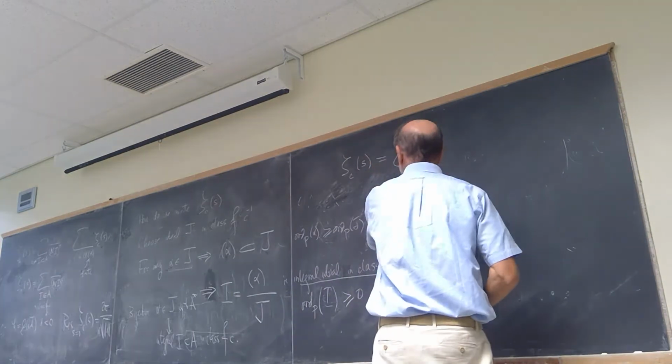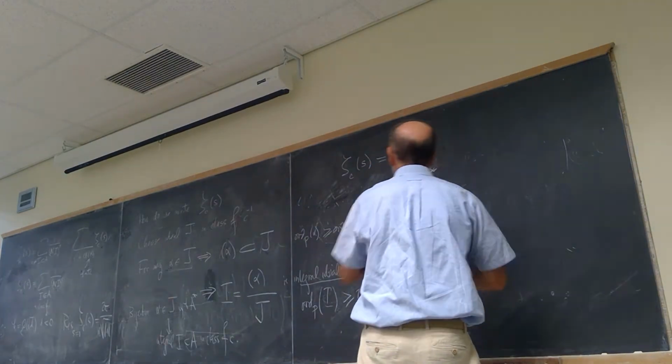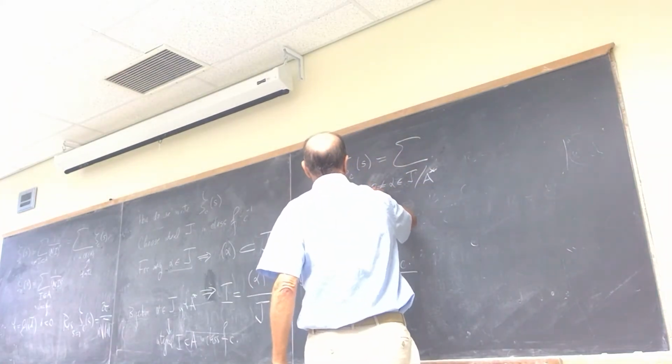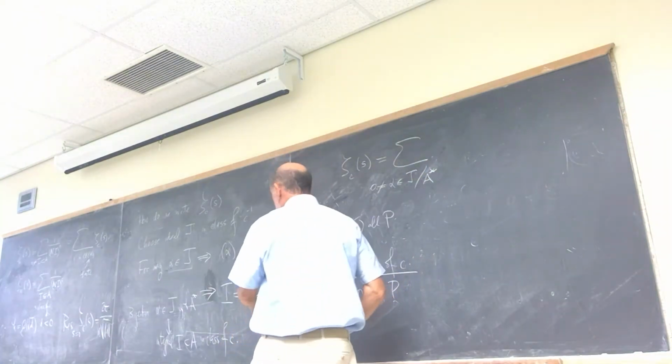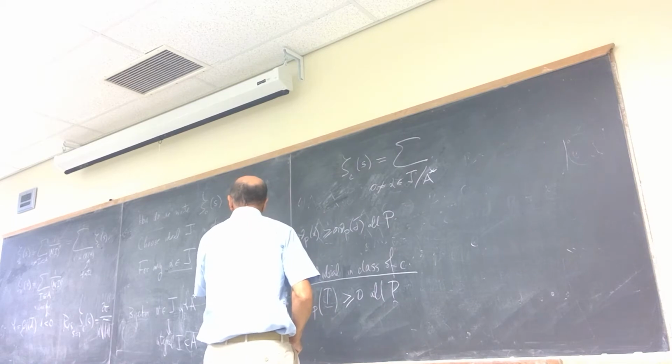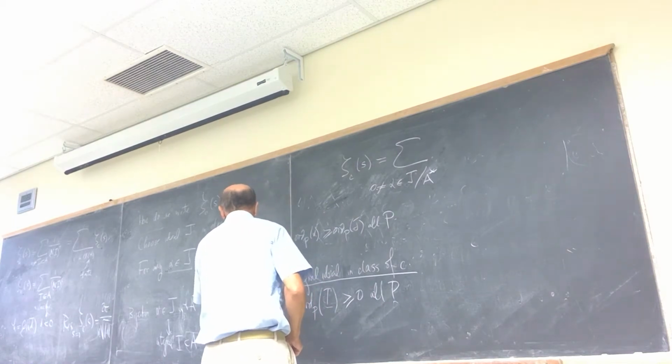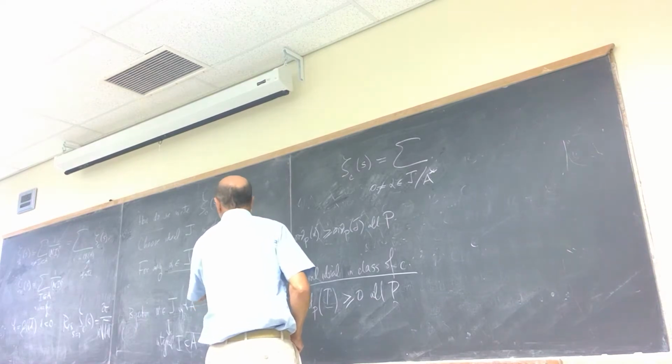The units act on the ideal, so we choose a fundamental domain, non-zero. What's the relationship between the norm of alpha and the norm of J? The norm of I, which is what we want, is the norm of alpha over the norm of J.